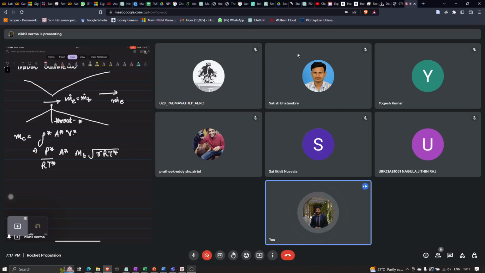Till this point, it is clear now. We are just using this continuity equation, and we want to find what is the area with this relation. And once we get the area, we can calculate what is the diameter. Correct? I hope this is clear to all.